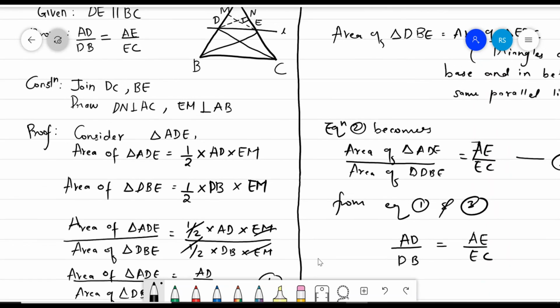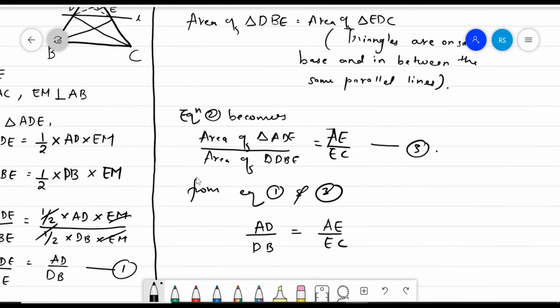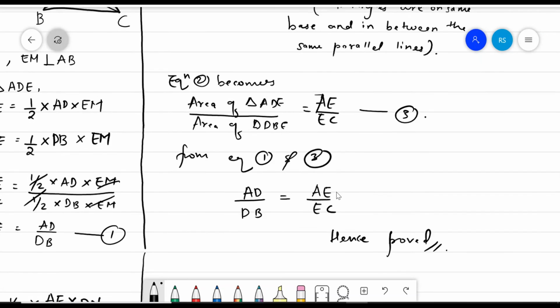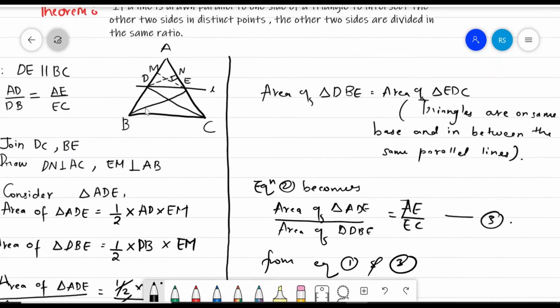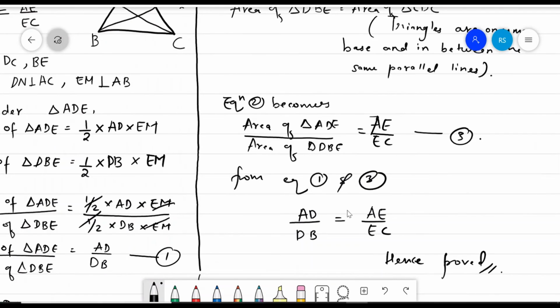This is what we got and this is what we had to prove. So the theorem is proved. Hence proved. The other two sides, AB with AD and DB, and AC with AE and EC, are divided into the same ratio, and we got the proof. Thank you.